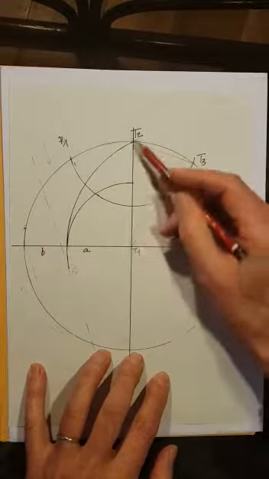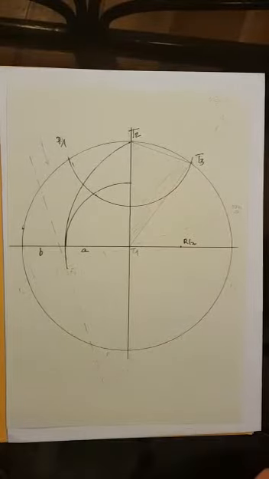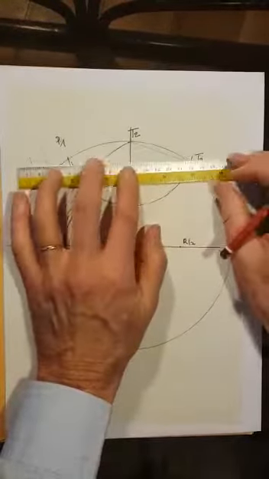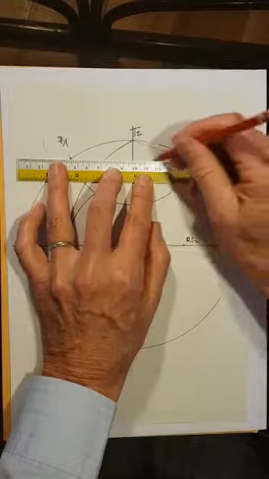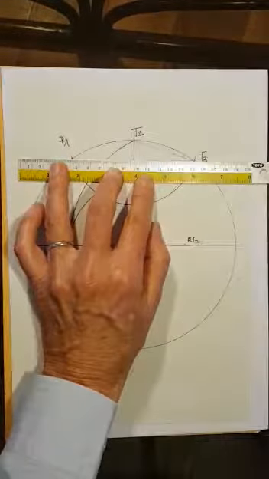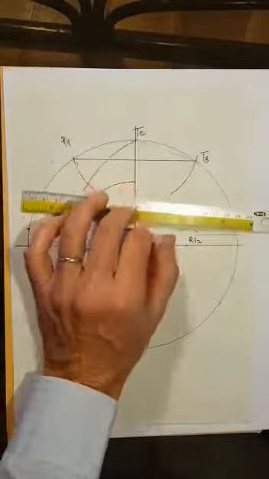This is the golden triangle, while if we join P1, T3, we will have one side of the golden pentagon.